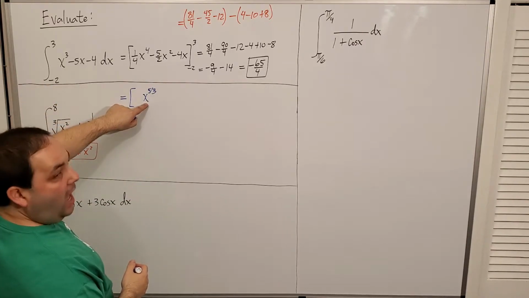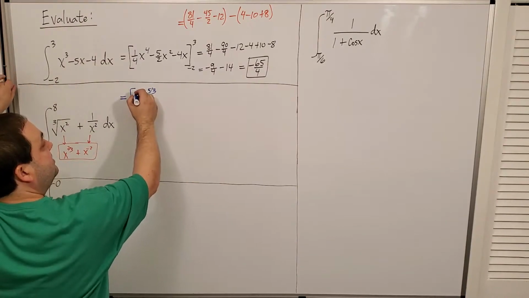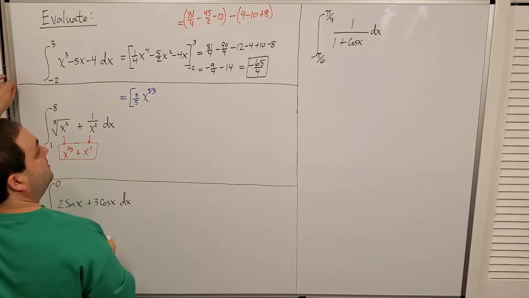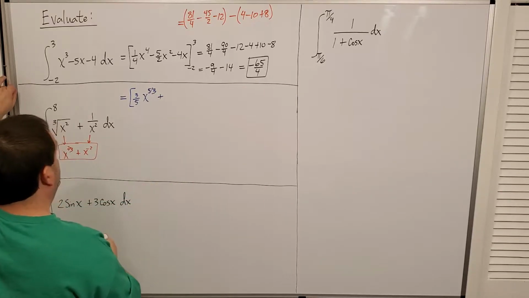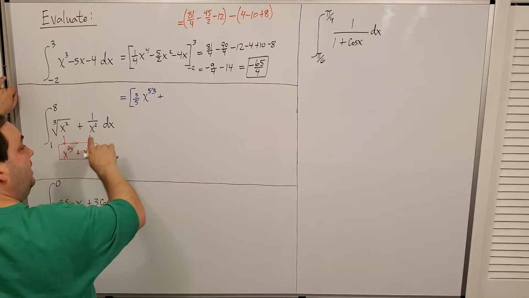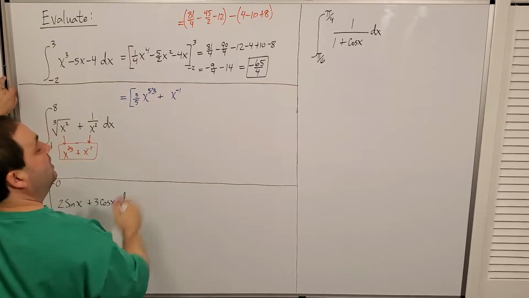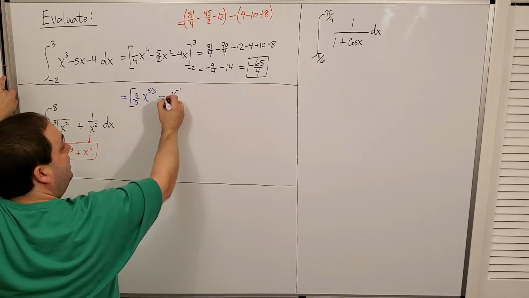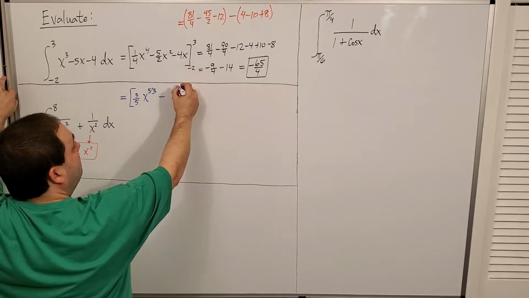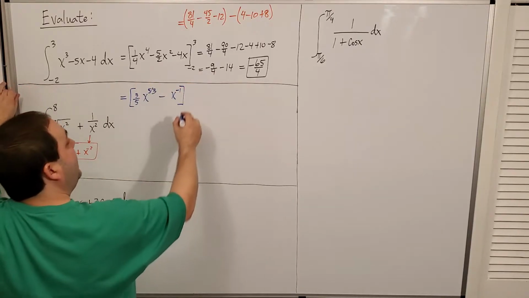If I'm going to divide by 5/3, because remember you get your new power, divide by it, that's the same thing as times 3/5. Plus x to the negative 2, add a power, that's x to the negative 1. Divide by the new power, divide by negative 1, that's just going to give me minus. And then this is going to be evaluated from 1 to 8.